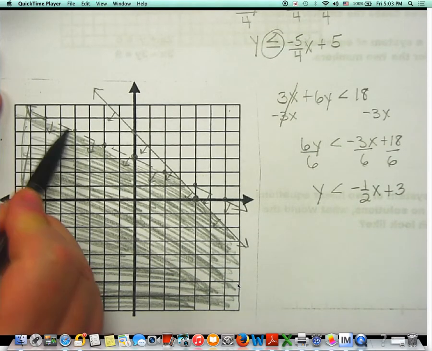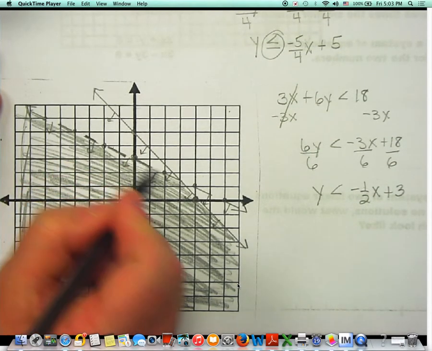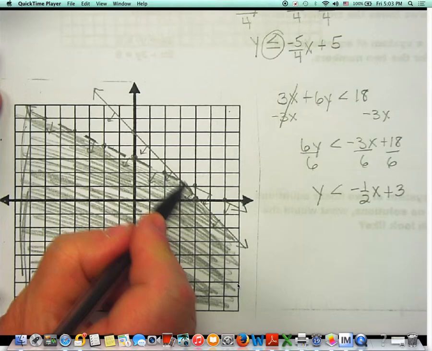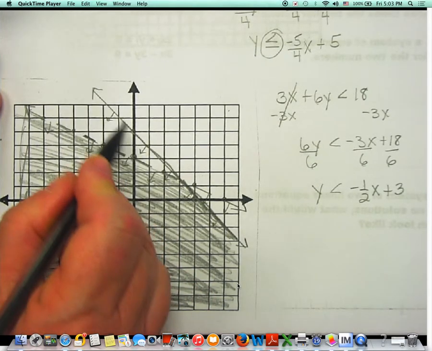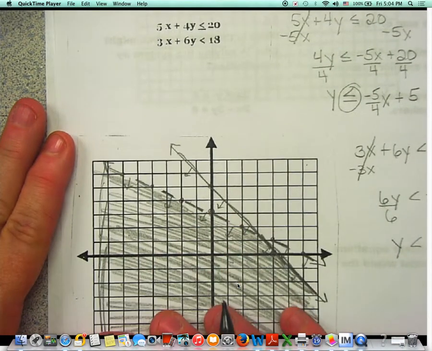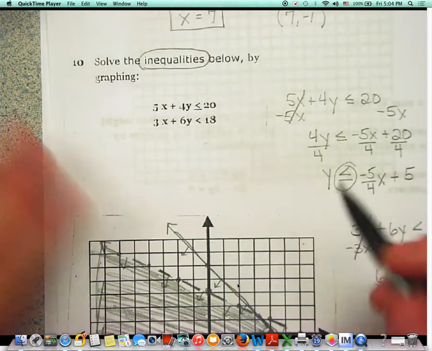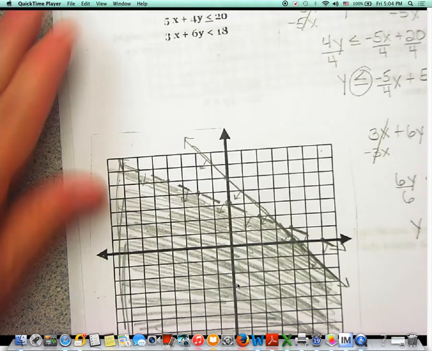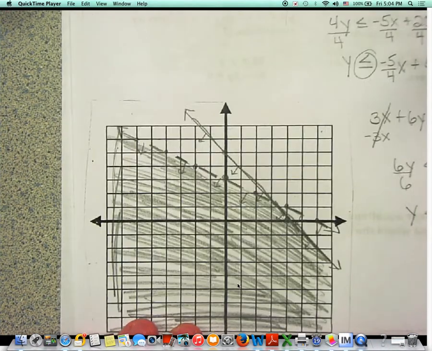Okay, so this is the border for this part, and then it goes here. Okay, number 8, and this is my solution. Where the shading intersects is how you solve it. That is a solution to an inequality.